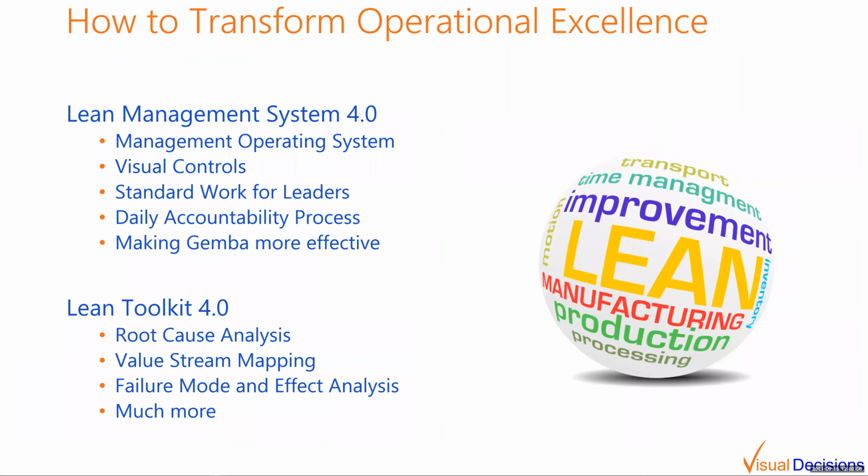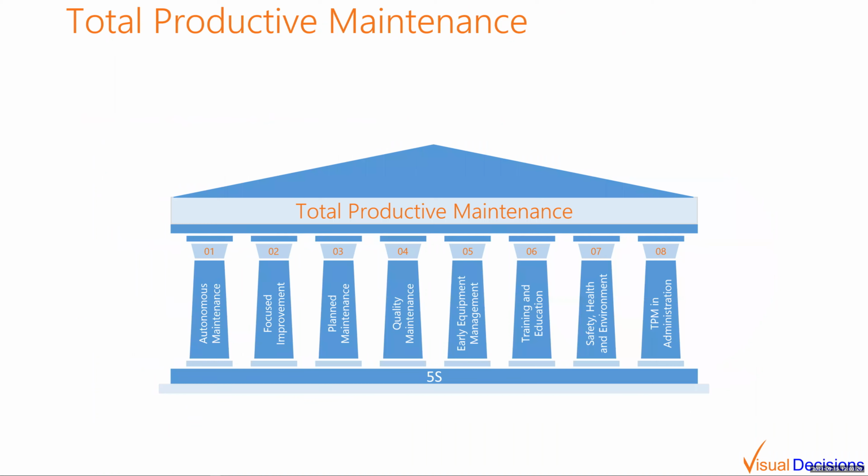For today, I'll just talk about the fact that to transform operational excellence, you can look at the management system, where you look at visual controls, standard work, daily accountability, et cetera, or the lean toolkit with root cause analysis, value stream mapping, FMEAs, and much more. Part of that much more is total productive maintenance. Within total productive maintenance, you have various pillars.